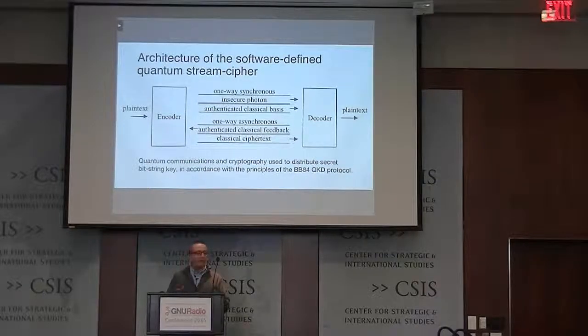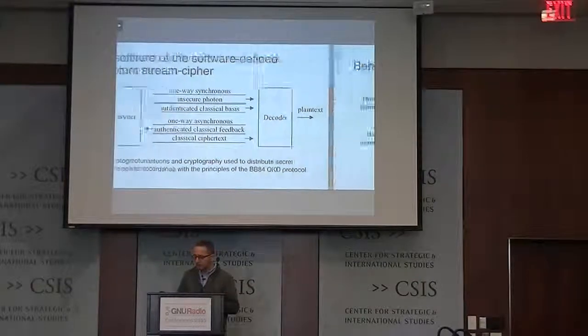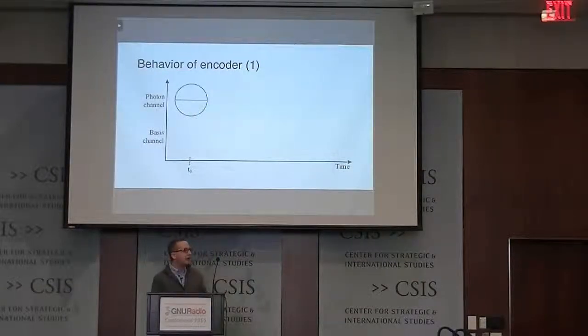Now I'm going to run a short simulation of the encoder, and explain a little bit how the encoder works. Once you understand the encoder, you will understand the decoder because they are symmetric. Here I'm going to show how the two synchronous channels work.